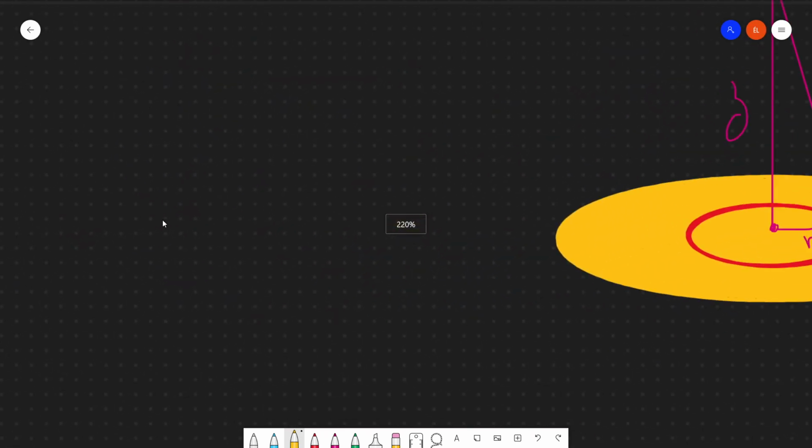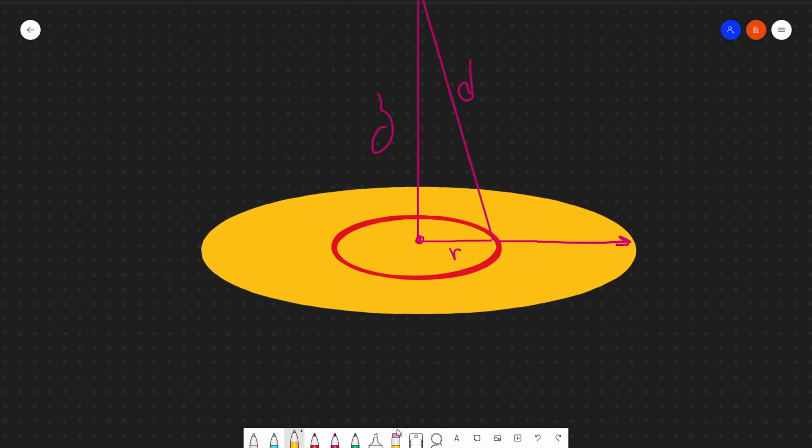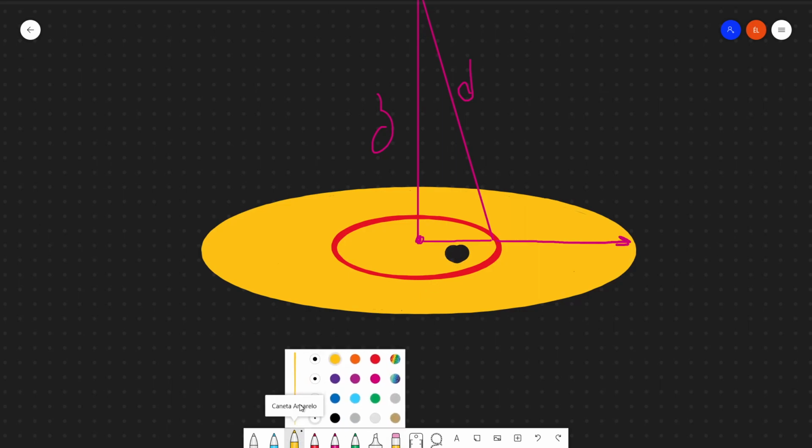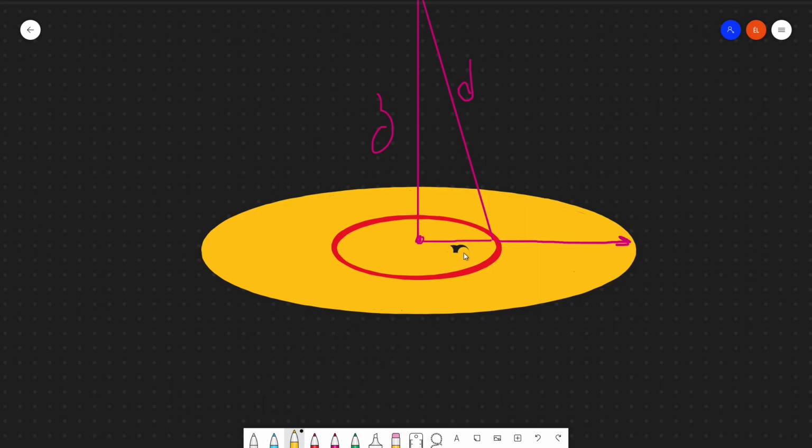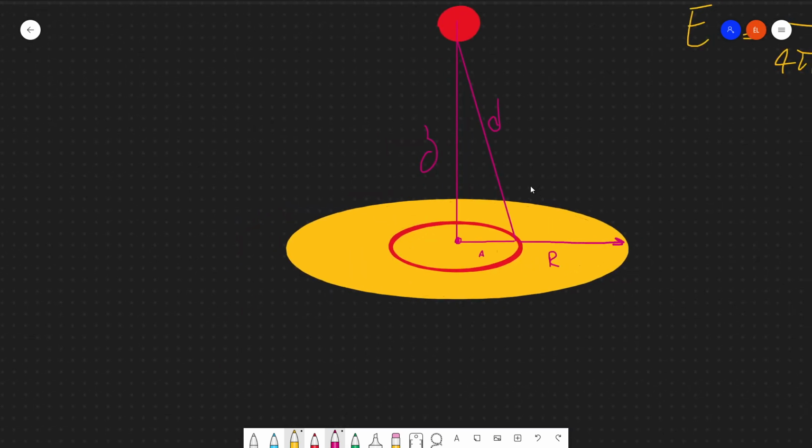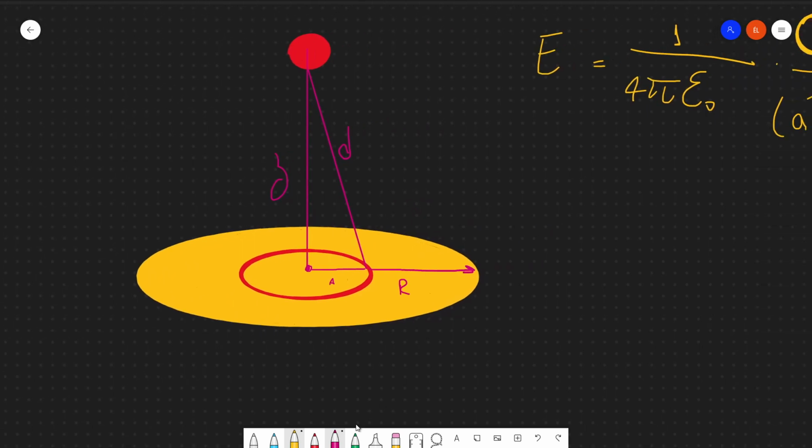So here there has been a mistake in notation. Actually, this is supposed to be A. Let me just fix this up real quick here. So this is going to be A, and this is going to be capital R. So the radius of the disk is capital R.